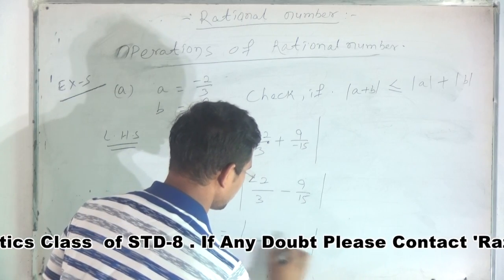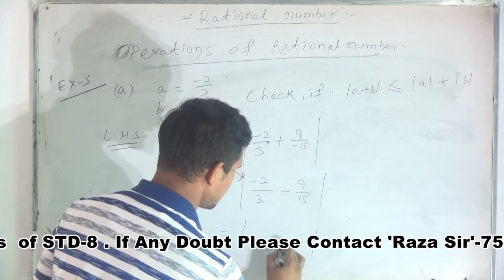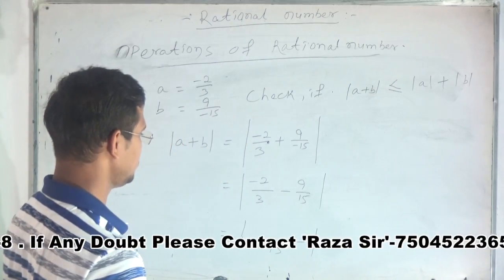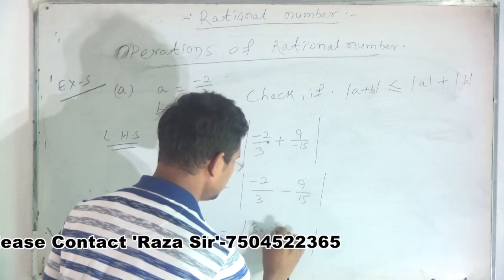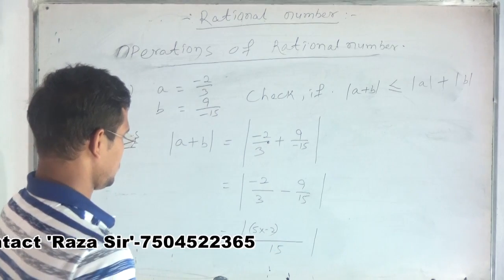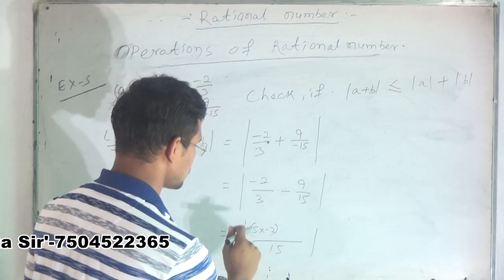Then take the LCM, 15. 5 into minus 2, you can do it directly, minus 10.